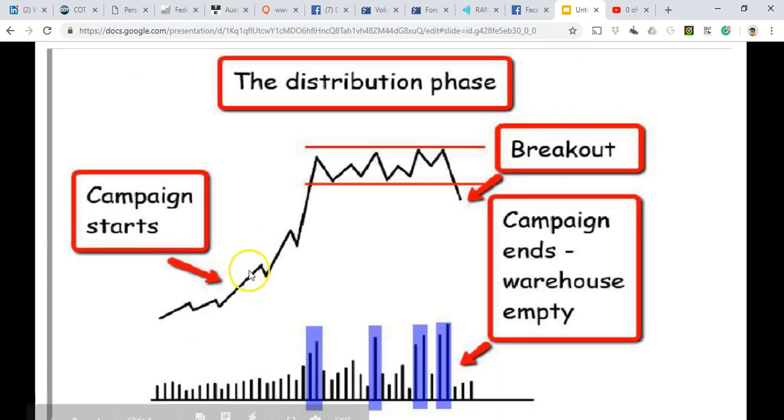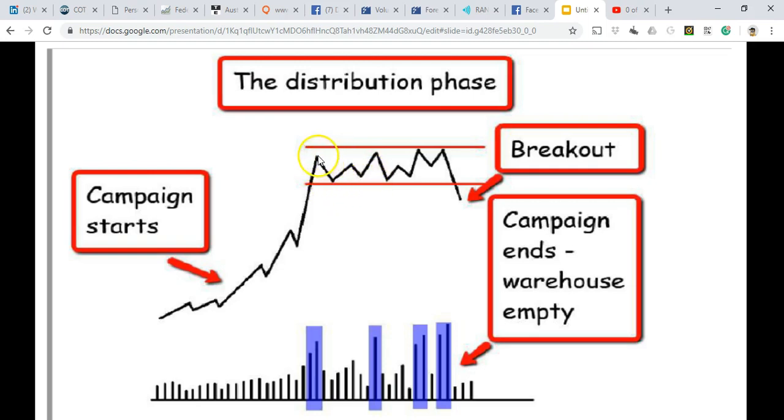So you get to the point of distribution, and we get to the distribution phase. The market maker gets to the distribution phase, and it starts working the highs and the lows.